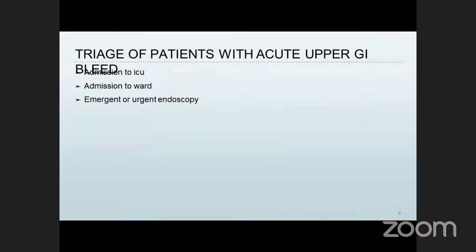So when a patient presents to ER, how to triage the patients, which patients are to be admitted in ICU, which would go into the ward, and in which cases we have to conduct an urgent endoscopy. So the criteria is based upon the patient's presentation.